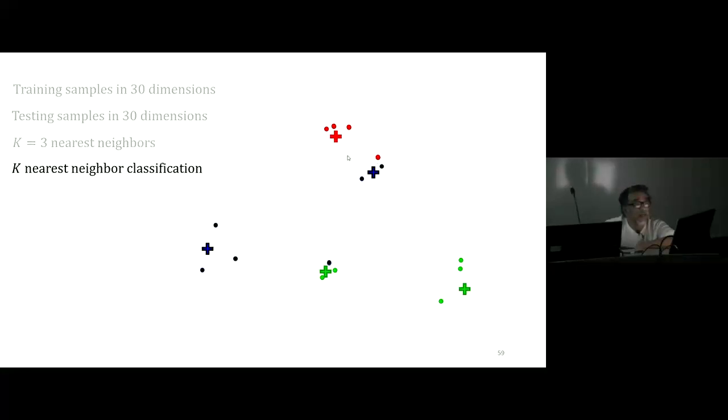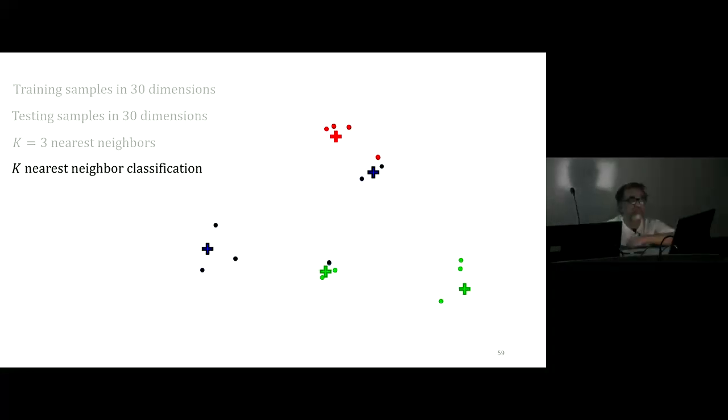The majority class label among them will be the class label of this one. This is the k nearest neighbor classification.